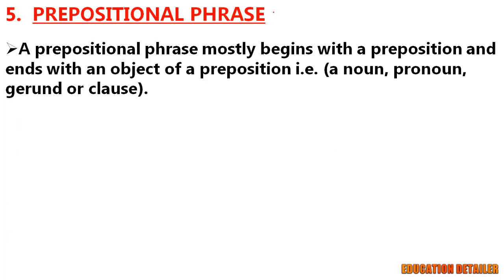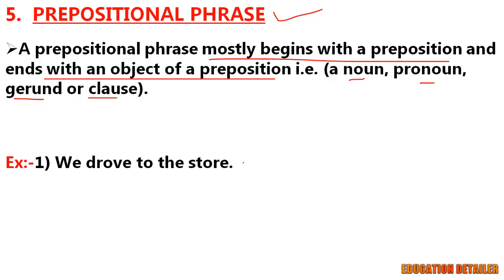Fifth type of phrase, prepositional phrase. A prepositional phrase mostly begins with a preposition and ends with an object of a preposition, that is, a noun, pronoun, gerund or clause. Example, we drove to the store.